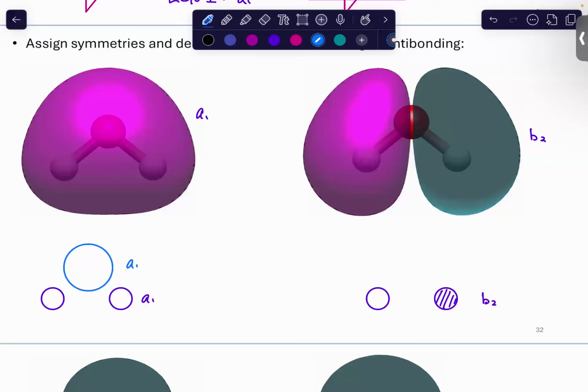And so then we are going to take the p orbital, or the 2py, so we have a B2 interacting with B2. So it is kind of out there.